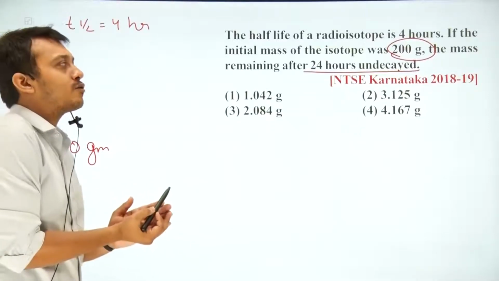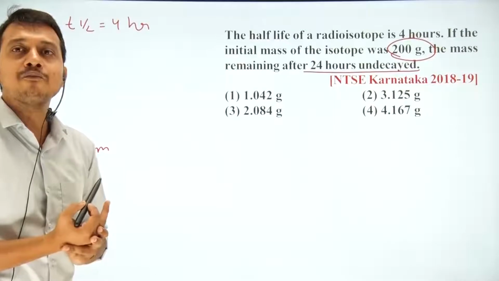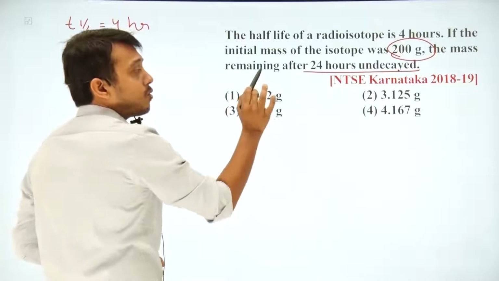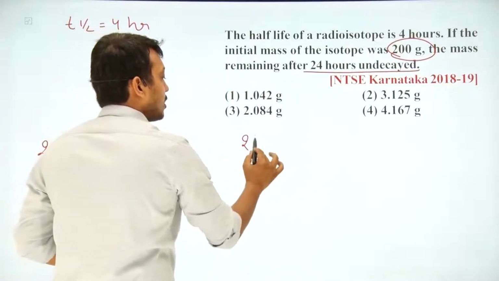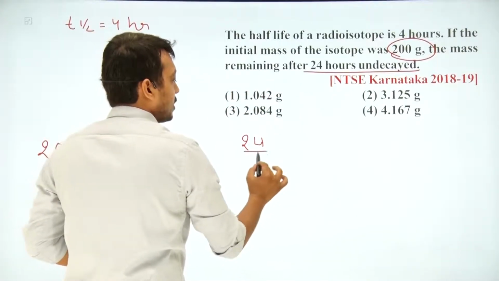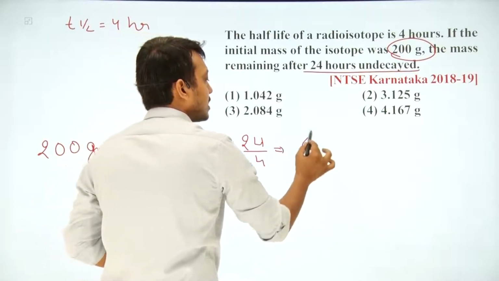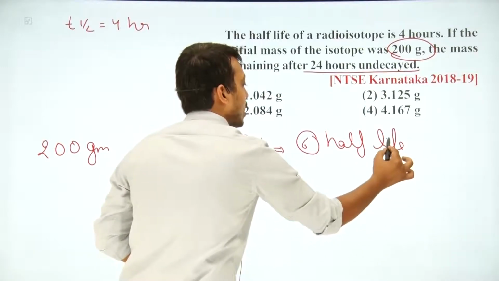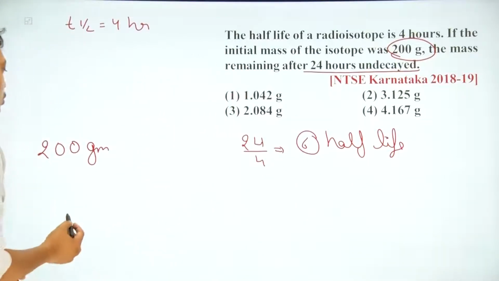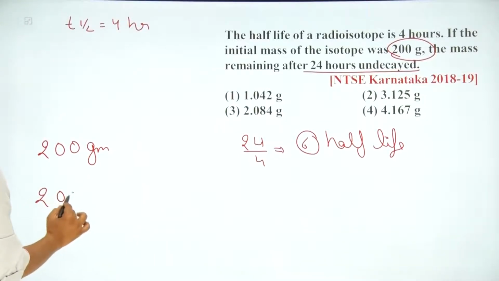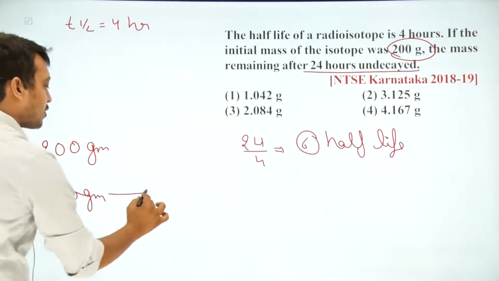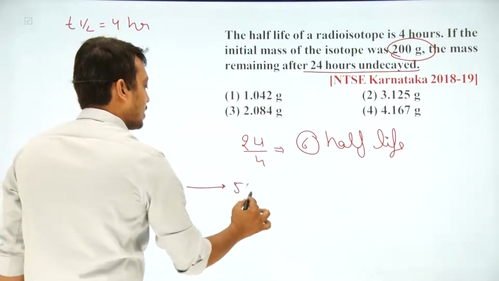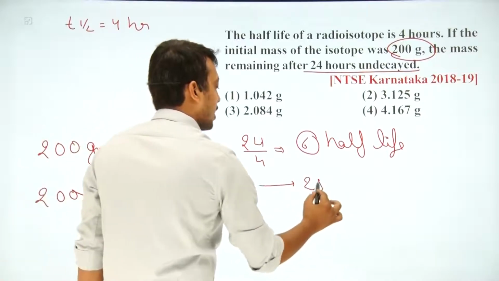So first we have to find how many half-lives will be present in 24 hours. 4 hours will have one half-life. So 24 divided by 4 equals 6 half-lives. Now we have 200 gram of initial substance. After first half-life it will convert into 100 gram, second half-life 50 gram, third half-life 25 gram.